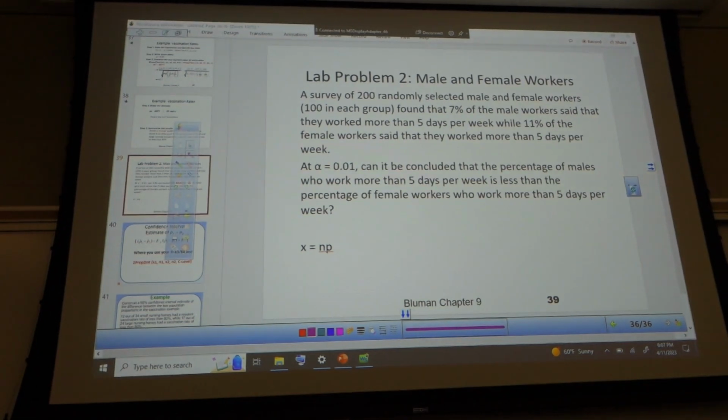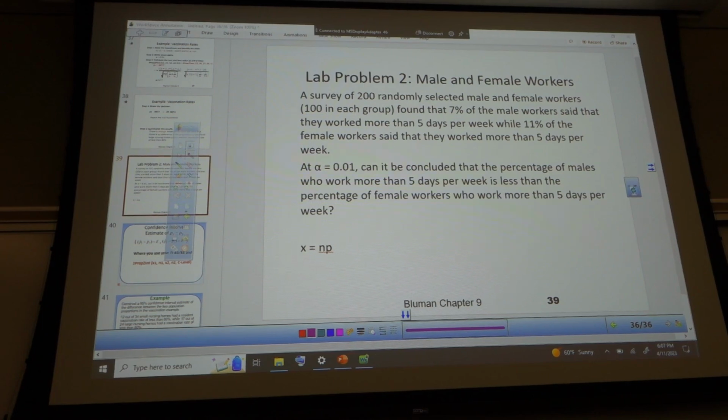So first of all, what's my claim? Find the concluded part or the question part. That's where we find the claim. The percentage of males is less than the percentage of females.